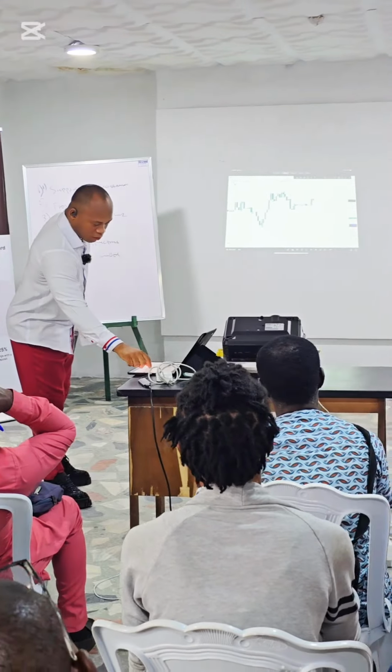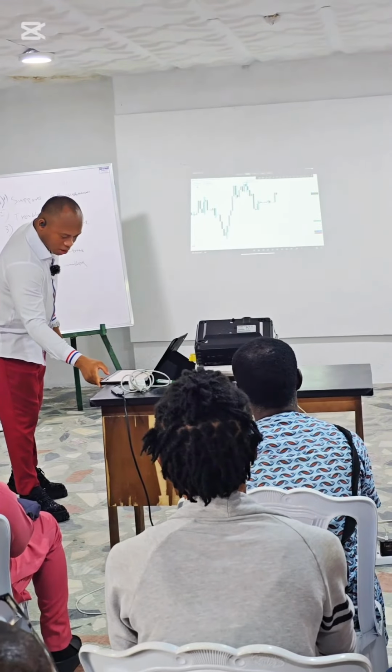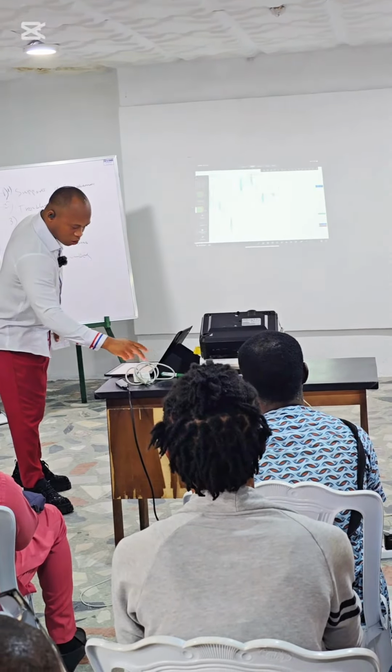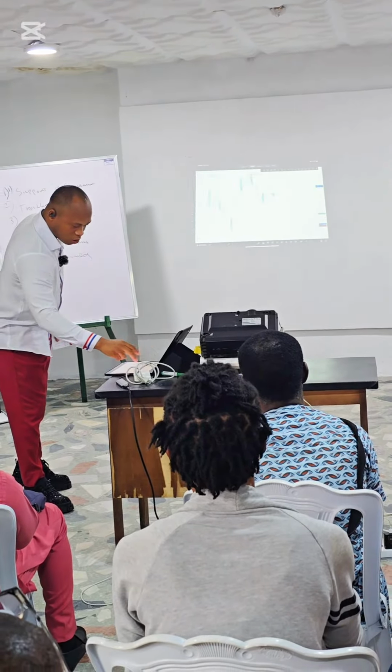What can we see on 4 hours? Or let me go to line chart, because I'm currently seeing something on 4 hours. That is rejecting that. Which resistance level? Point out now.